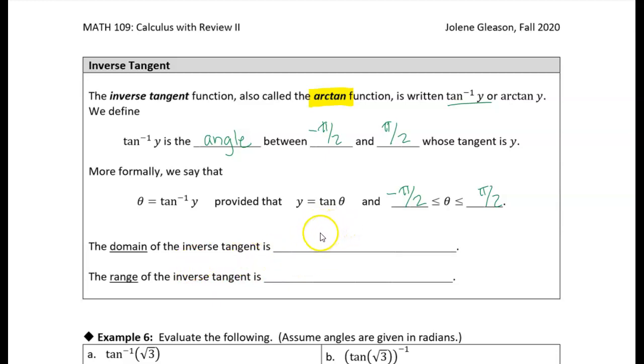The domain is all real numbers. But we're restricting the range to between minus pi over 2 and pi over 2. That's our angle. The angle is always going to be between minus pi over 2 and pi over 2.